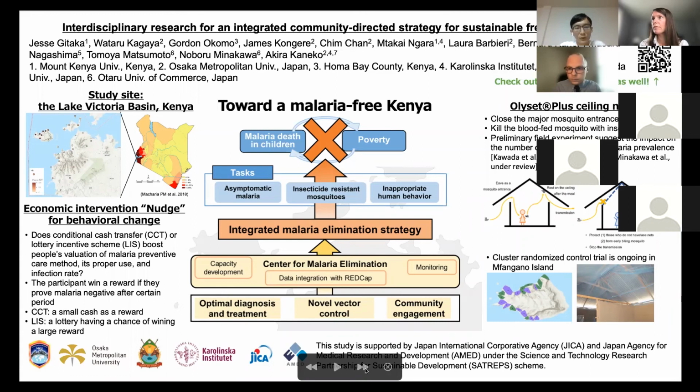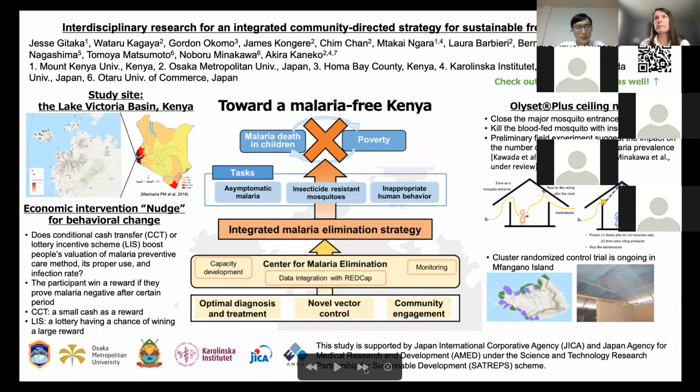These are also shared with other malaria endemic areas in tropical Africa, so we consider this area a good model study site. To tackle these 3 major tasks, we are currently working on the project focusing on optimal diagnosis and treatment, novel vector control, and enhancing community engagement in the field.